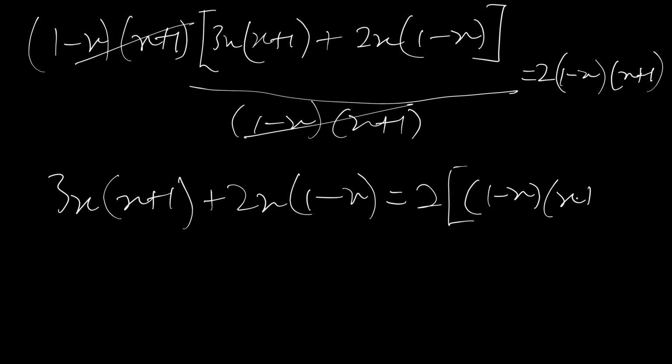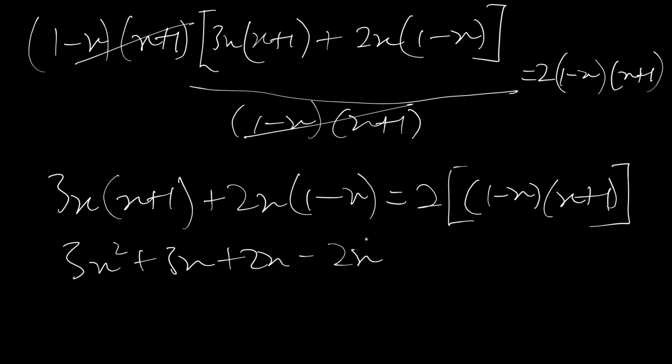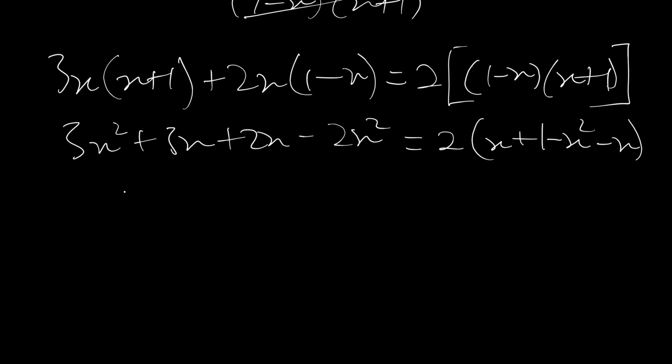Now this can be written as 3x squared plus 3x plus 2x minus 2x squared is equal to 2 multiplying x plus 1 minus x squared minus x. Now when we group like terms, we have x squared plus 5x is equal to 2 multiplying negative x squared plus 1.